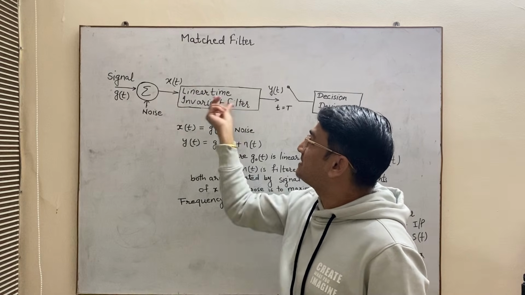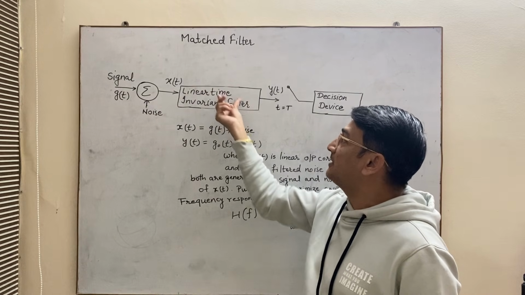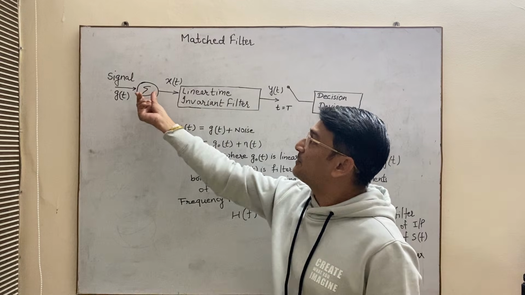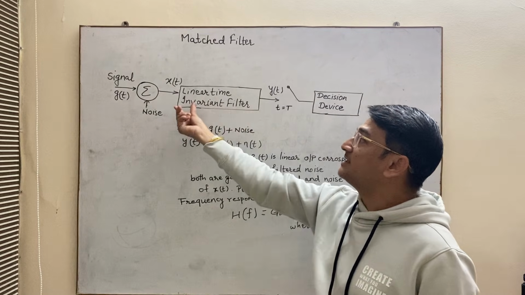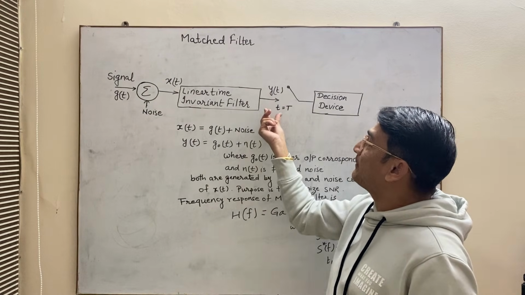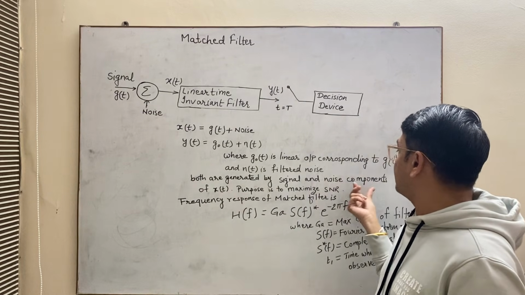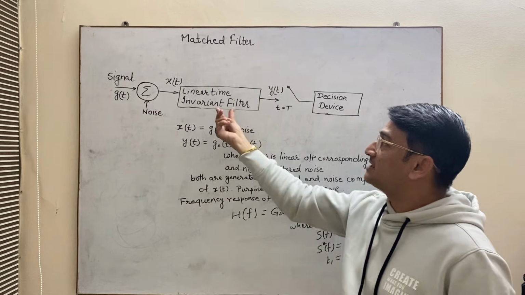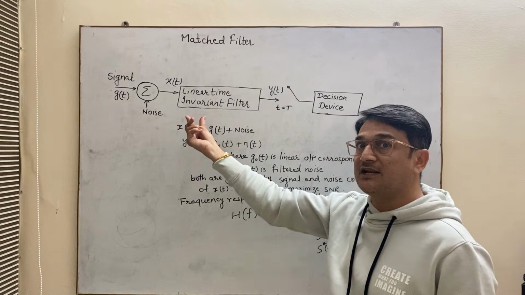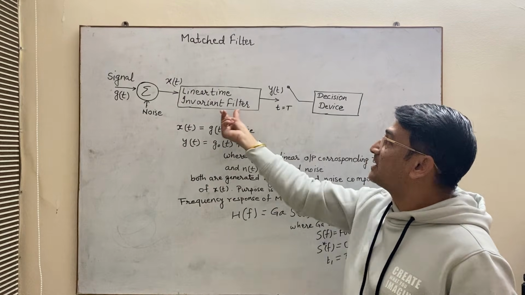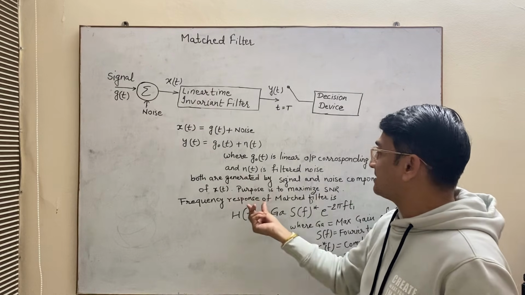Obviously the noise is filtered using this linear time invariant filter. So filtered noise plus the output for the g(t) signal, by adding we will get the signal y(t). Both are generated by the signal and noise components of x(t). So x(t) is basically having both components, signal component and noise component.